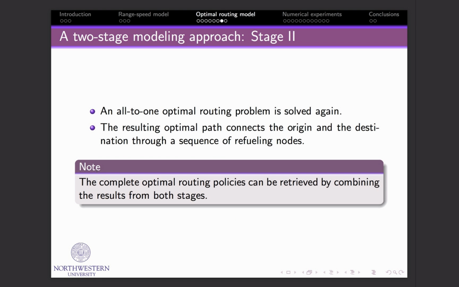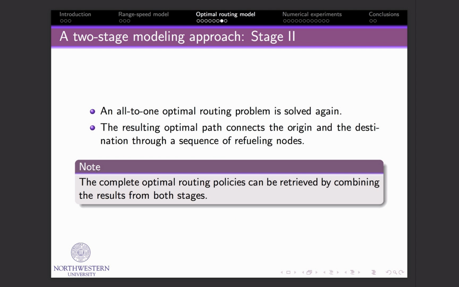The type 2 link goes from a refueling node to a refueling node, so the vehicle can extend its range. The type 3 link is a refueling link from a refueling node to the destination, and the type 4 link is a link from a feasible node to the destination.